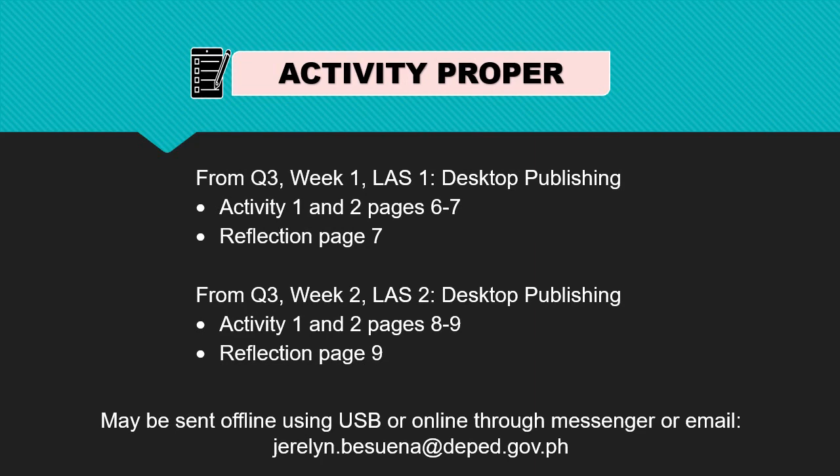For week 2, LAS 2, activities 1 and 2 are in pages 8 to 9. Then the reflection is in page 9. And then once done, just send it to me offline using USB or online through Messenger or email.